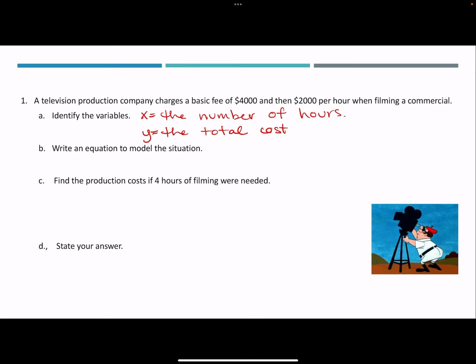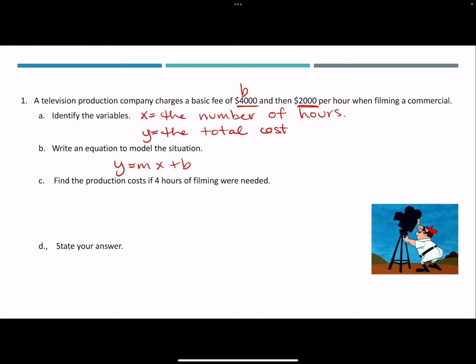So now we're going to write an equation to model the situation. We're using y equals mx plus b, and I have two numbers to fill in for either m or b. But remember, b is what we begin with. They tell me that they charge a basic fee of $4,000. That's what everyone begins with. No matter how long my commercial is, that's what you start with.